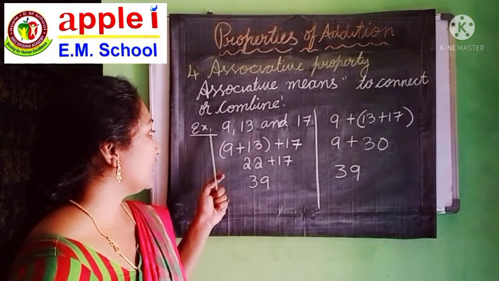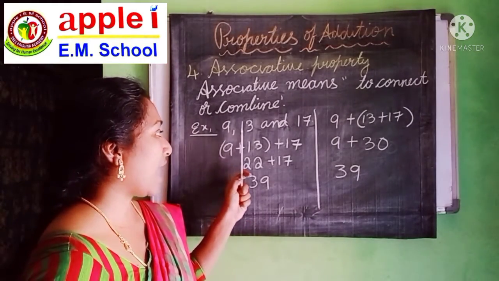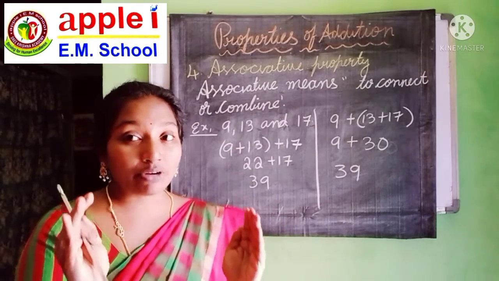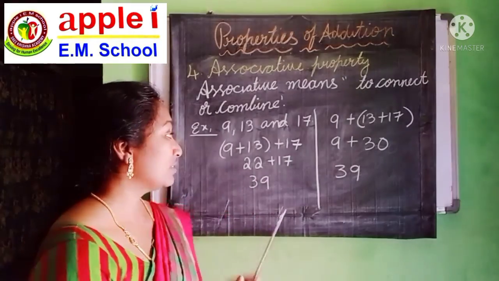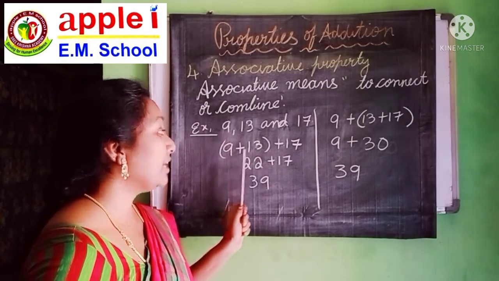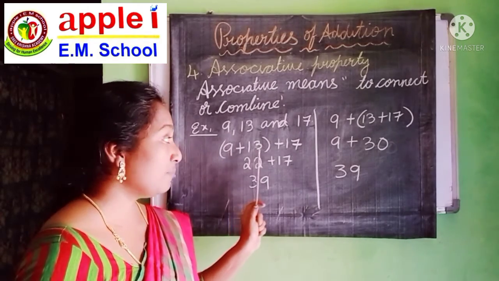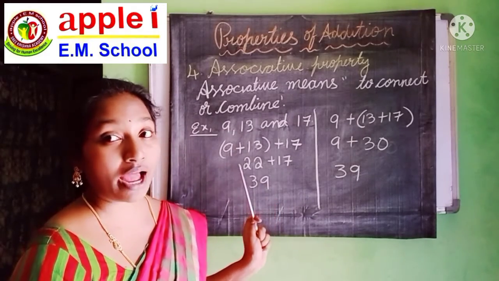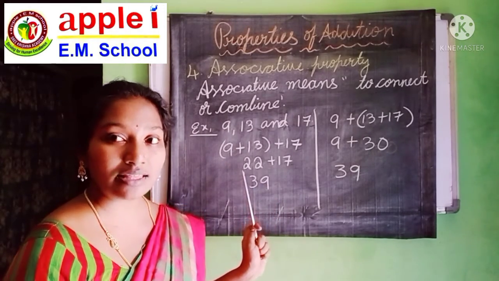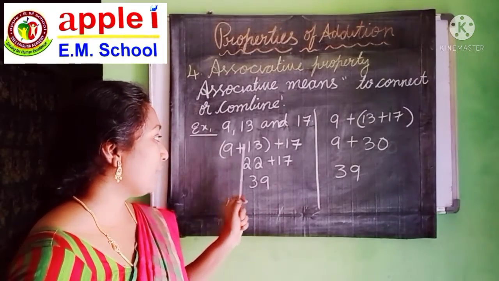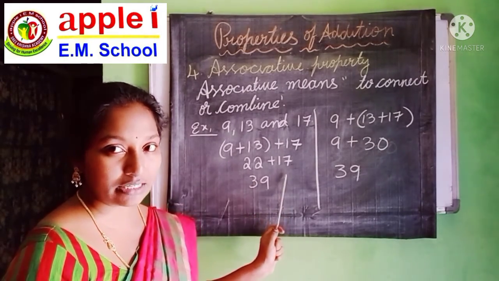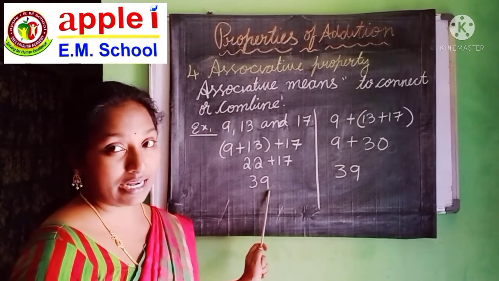Here, if you want to add 9, 13 and 17, first we have to group the numbers. Here I have grouped 9 and 13: (9 plus 13) plus 17. First we add the numbers in the brackets. So 9 plus 13 is 22, and plus 17, you will get 39.